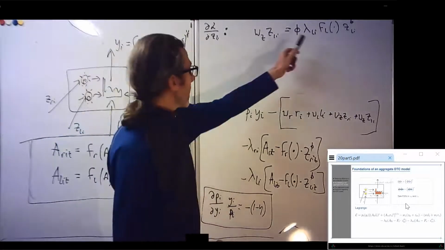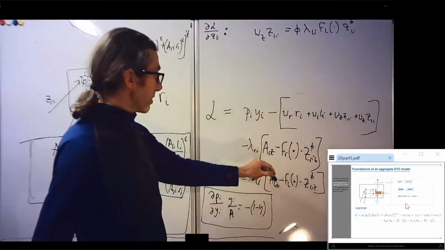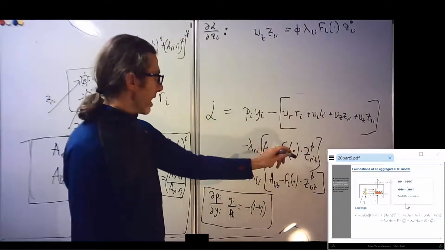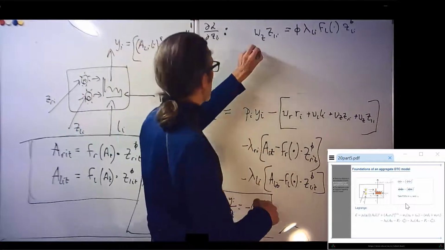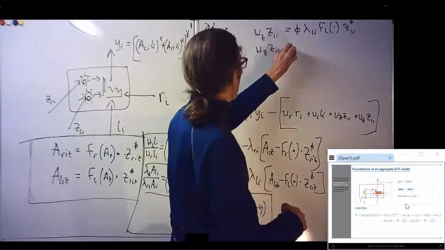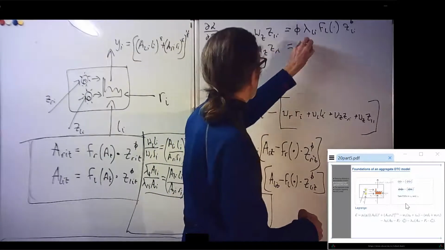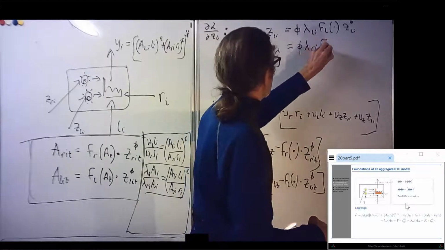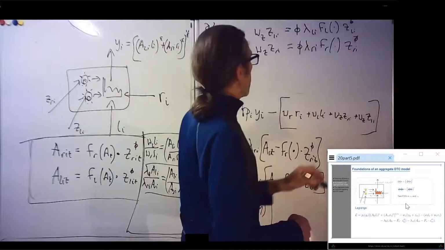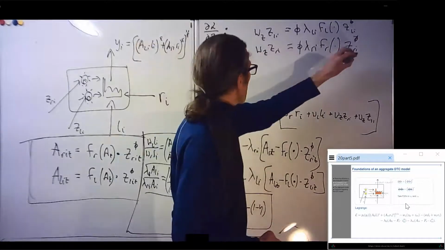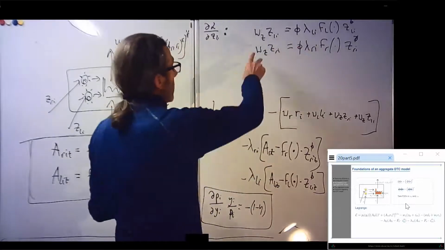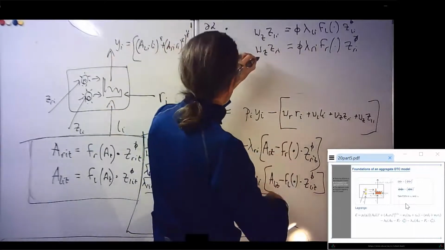Yeah, and then again, as I hope you can see by now, or from the previous time, there's symmetry again here. The corresponding expression in R is going to be WZ, ZRi is phi, lambda Ri, FR, ZRi to the phi. When we divide these two, one by the other, the WZs are going to go out.